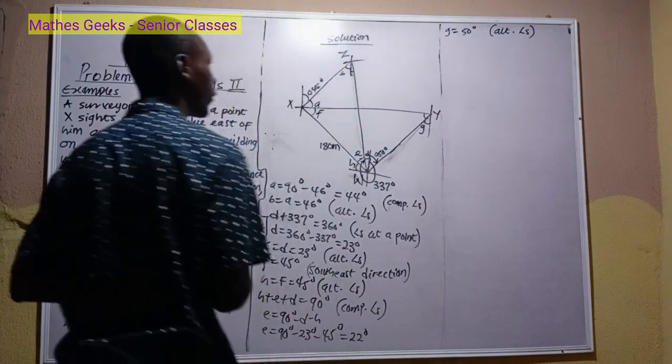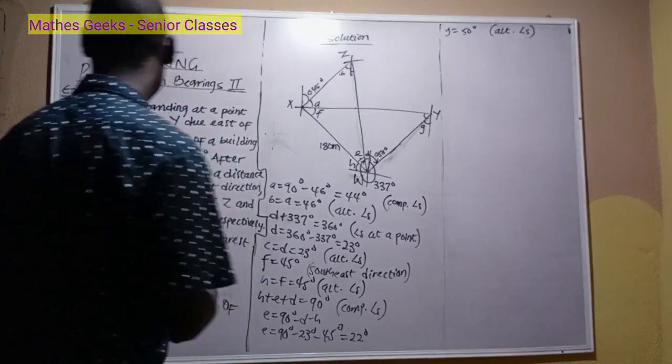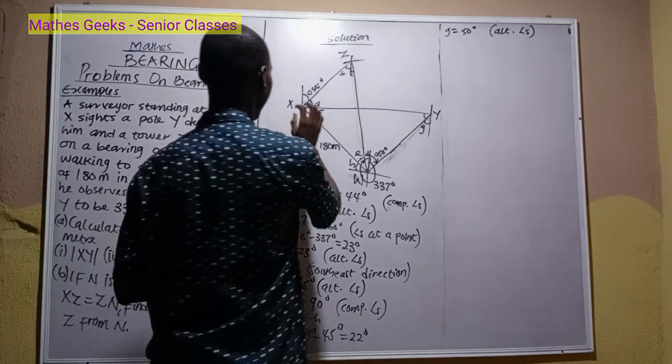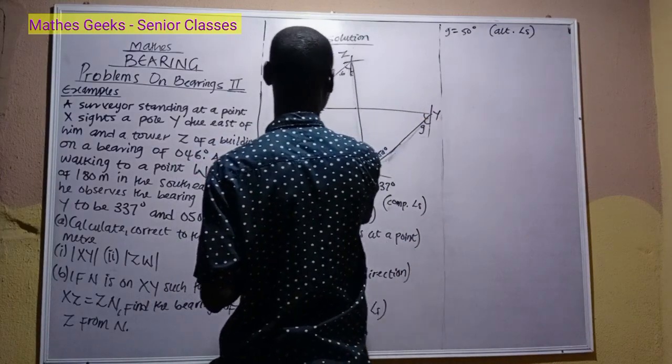Now that we've gotten this, the question says, number one, find line XY. So line XY, which is this line here.